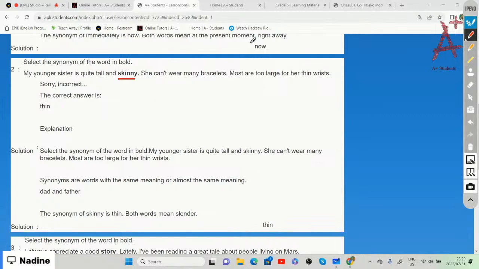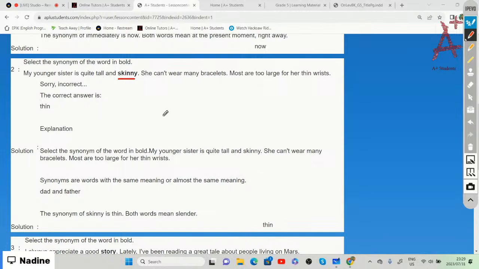And remember, we said that synonyms are words with the same meaning or almost the same meaning, right? It doesn't necessarily have to mean the exact same thing, but it basically means that both of the words kind of mean the same, or almost the same.